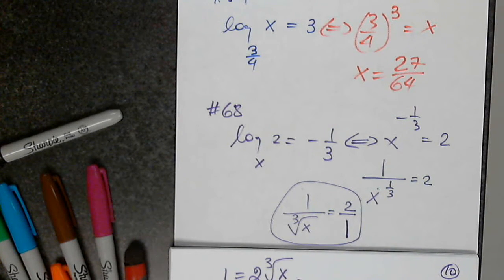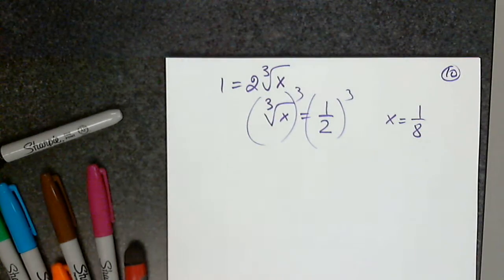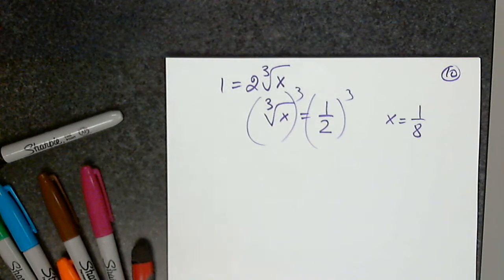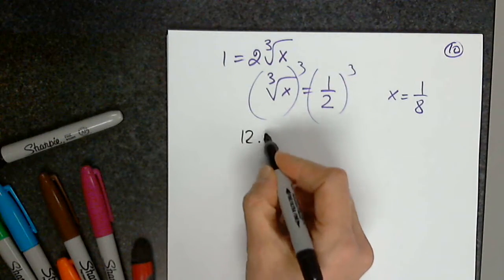When I hit enter, I have to get 2. Okay? So it's mandatory to check, but if you remember, we said if the power is odd, the answer will be there. Okay, the same thing, nothing new in 12.7, just more equations.